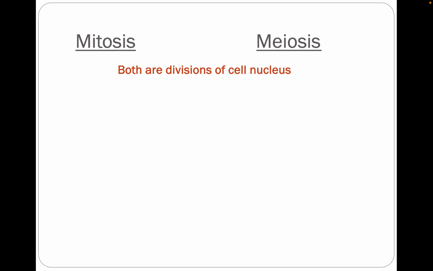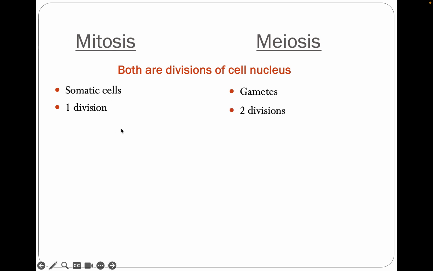All right, so mitosis and meiosis, both are divisions of the cell nucleus. Mitosis is just for your regular body cells, somatic cells. Meiosis produces gametes, sperms, eggs, spores. Mitosis has just one cell division event. Meiosis, cells divide twice. Mitosis produces 2 diploid daughter cells.